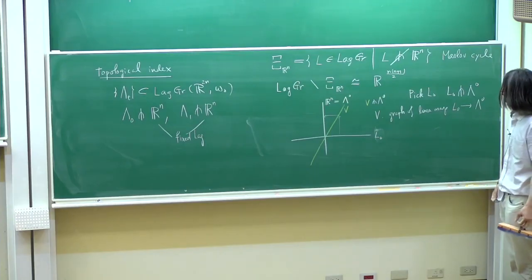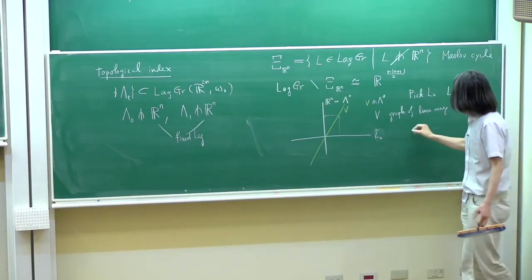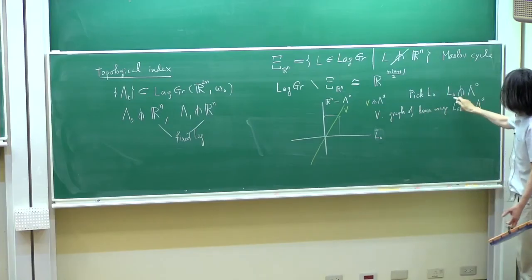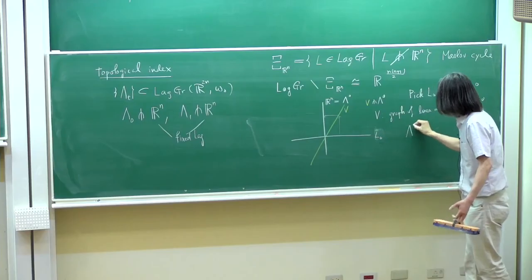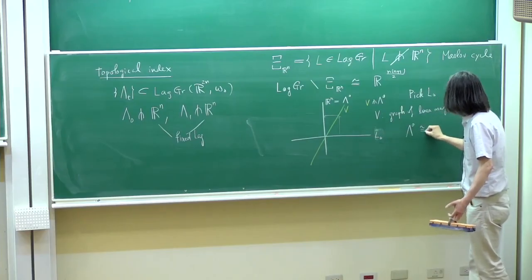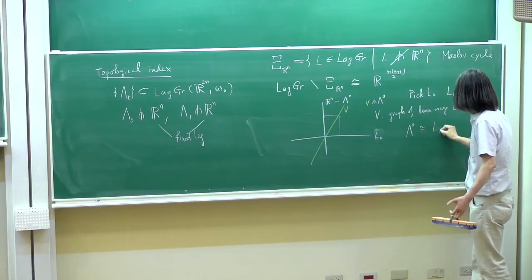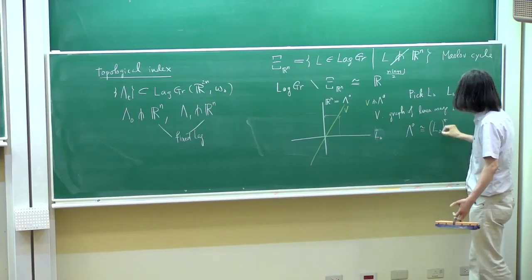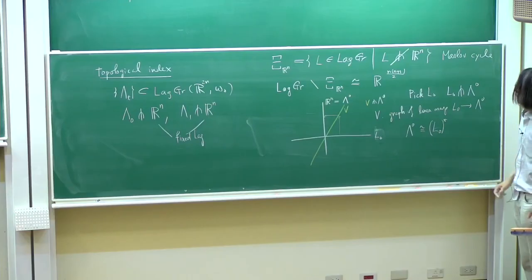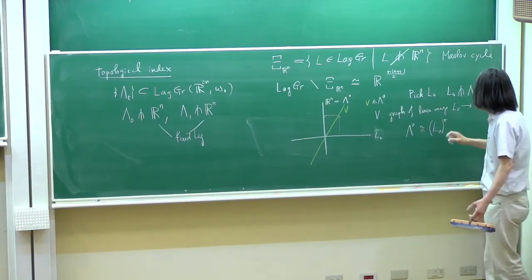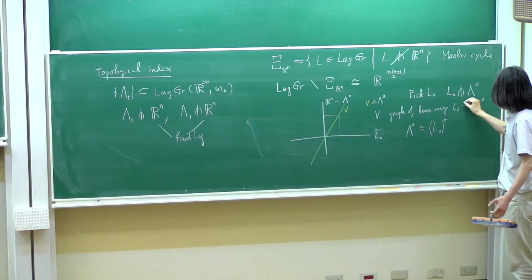And then we note that because both are Lagrangian, I mean the Lagrangians are transverse to each other, therefore lambda 0 is canonically identified with the linear dual space of this Lagrangian. So maybe I denote this mapping by phi b.